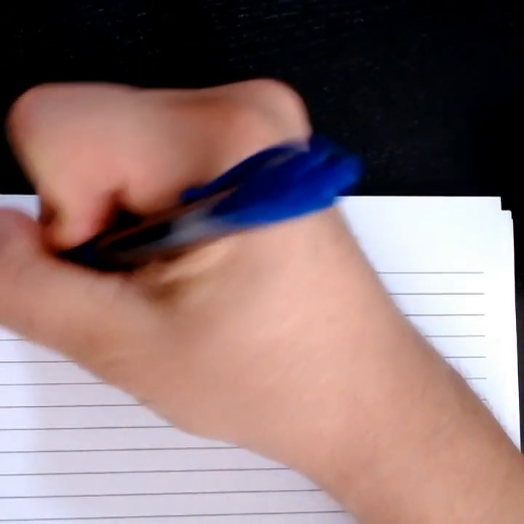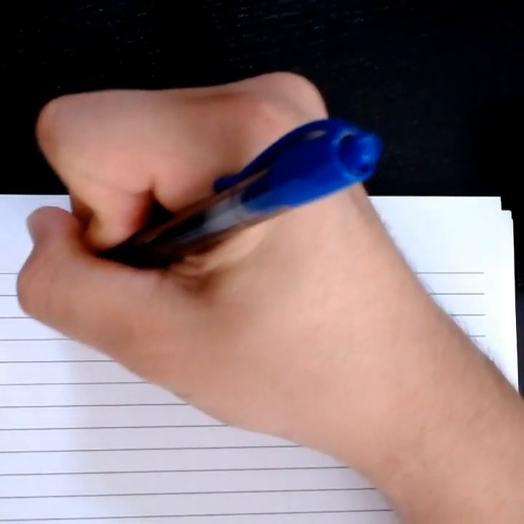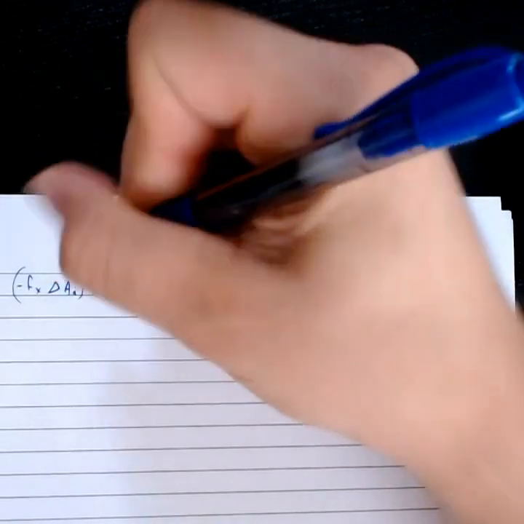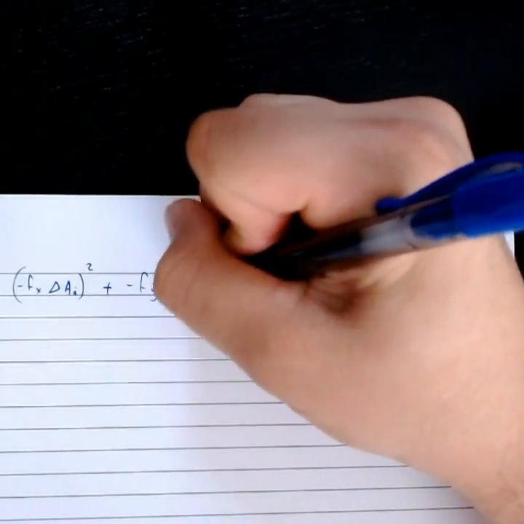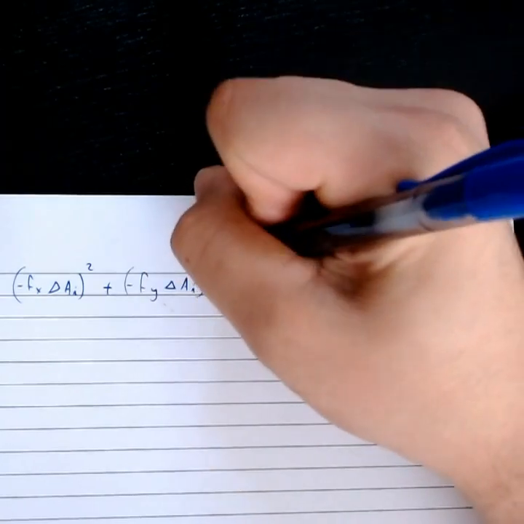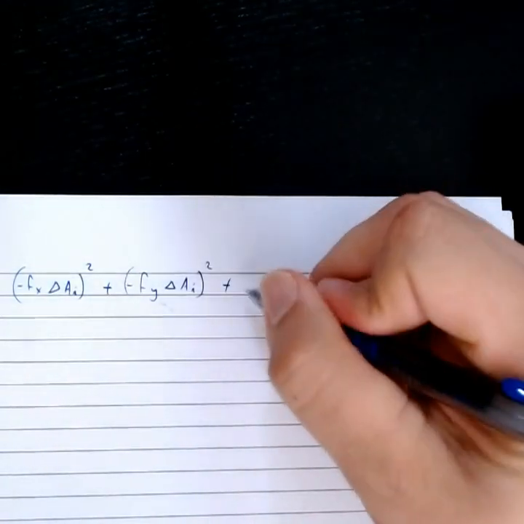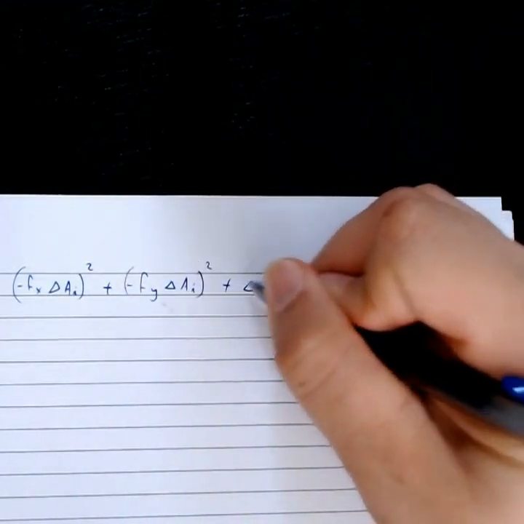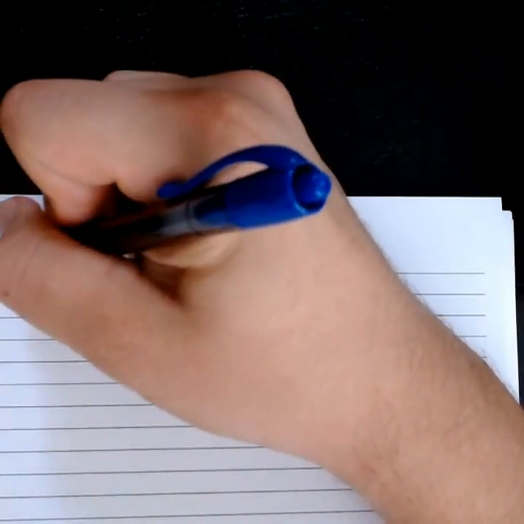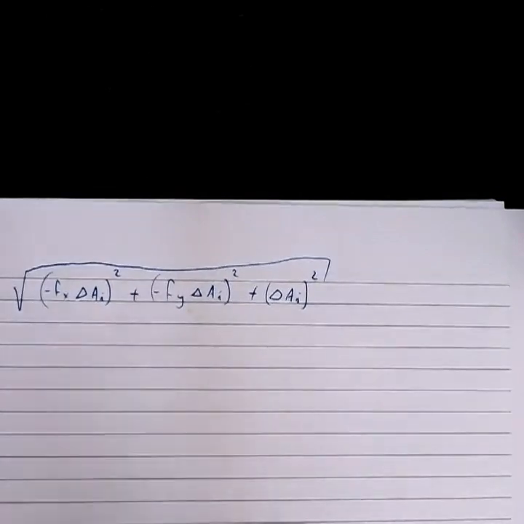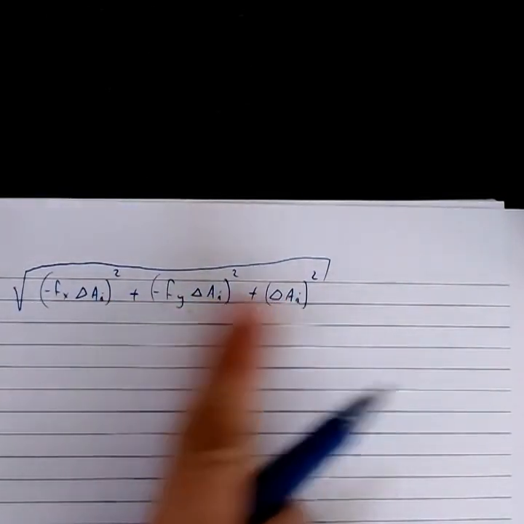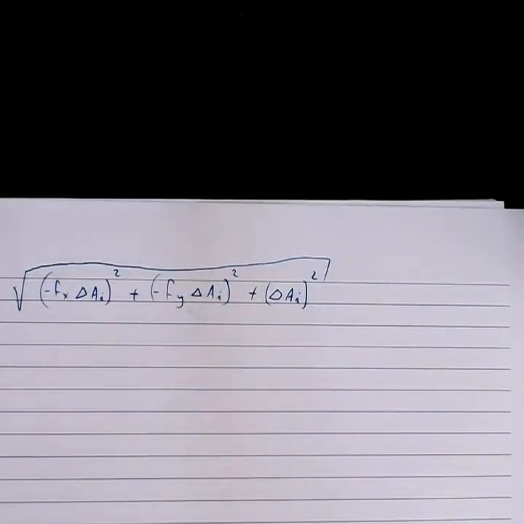All right, so let's go ahead and do that. We're going to take the squares of each of those. So that'll be minus f sub x delta ai quantity squared, plus minus f sub y delta ai quantity squared, plus delta ai quantity squared, and all of that's going to go underneath the square root. Right? That's how you find the magnitude of a vector. Take each of the components, square, add, and take a square root.